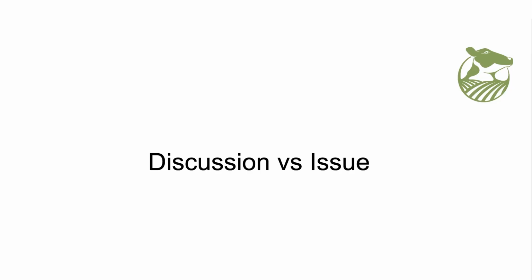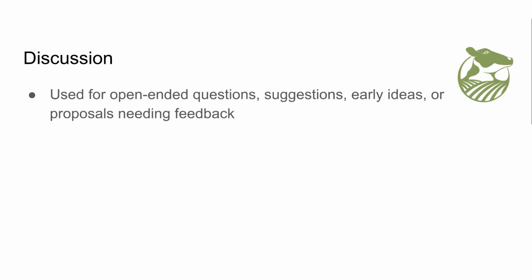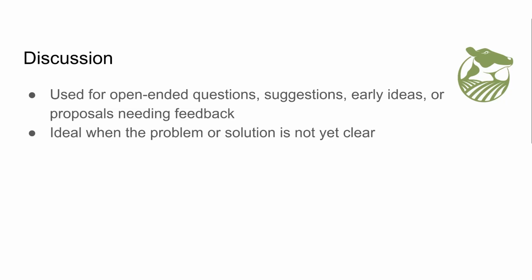First, we will talk about discussions versus issues. Let's cover discussion. A discussion is used for things like open-ended questions, suggestions, early ideas, or proposals that need initial feedback. It is ideal when the problem or solution is not yet clear.